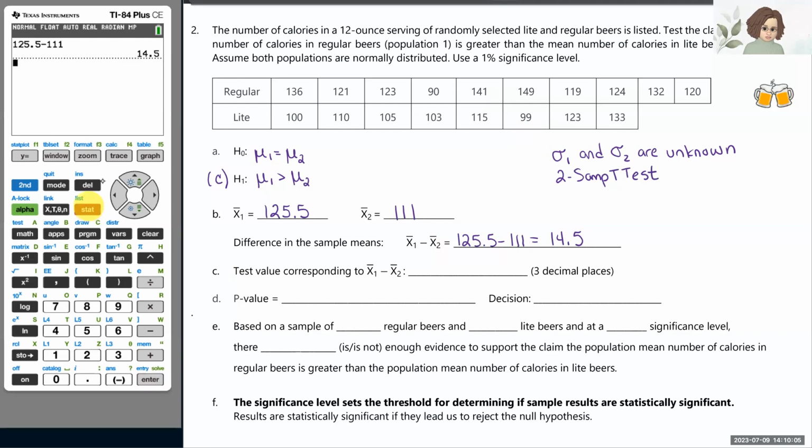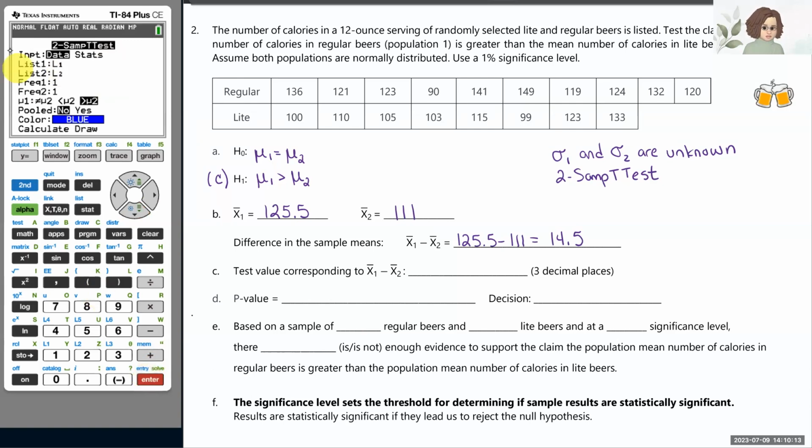So stat, tests, 2-SampTTest. Because we have the data, we change our input to data. The lists will be L1, L2, frequencies will be 1. Our claim here is mu1 greater than mu2, a right-tail test, pooled is no. And I'll do calculate.